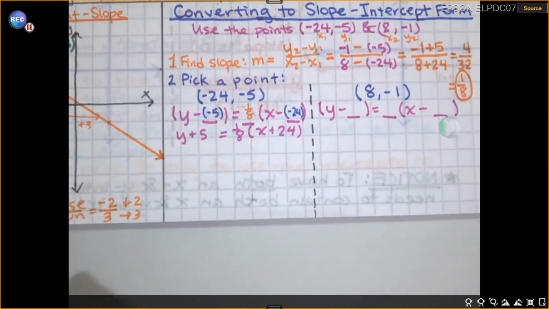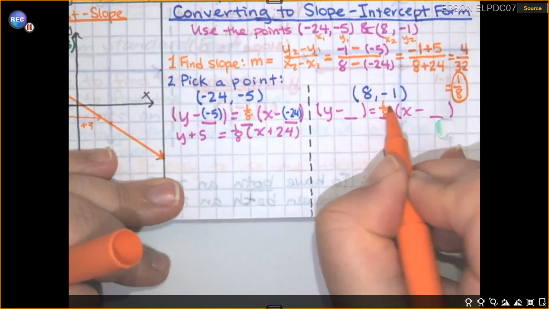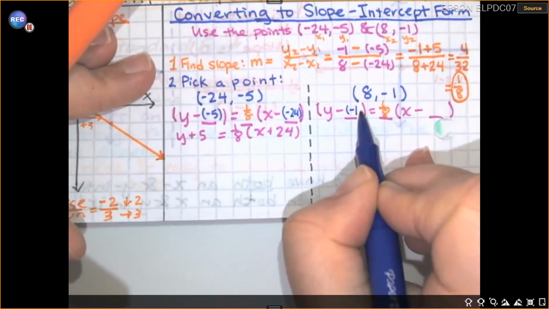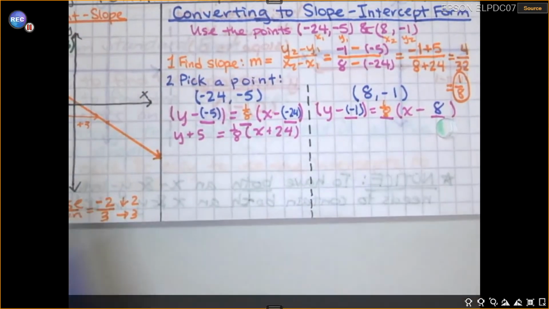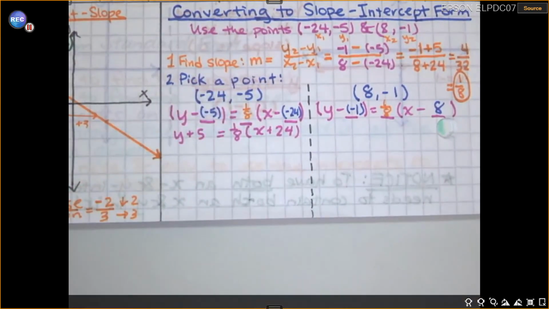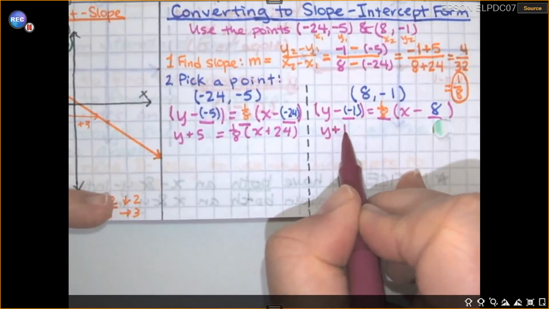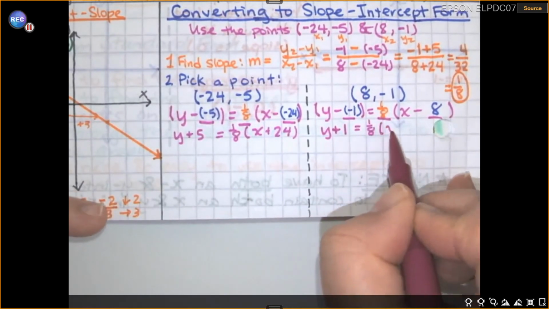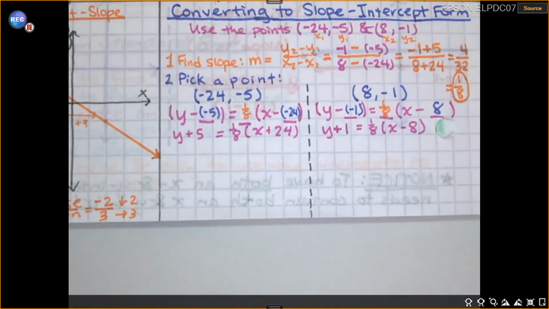So again, the slope is still 1/8. But this time, the y value is -1, and the x value is 8. So if I rewrite that, I will get y plus 1 equals 1/8, parentheses x minus 8. So in this one, that one stayed minus because it wasn't minus a negative.